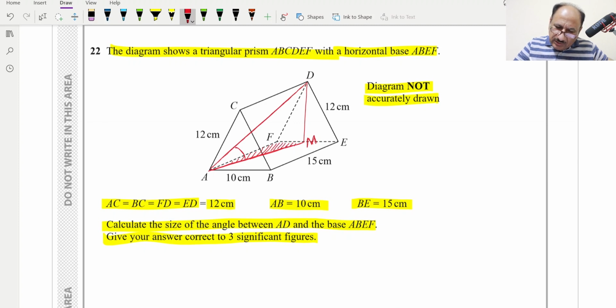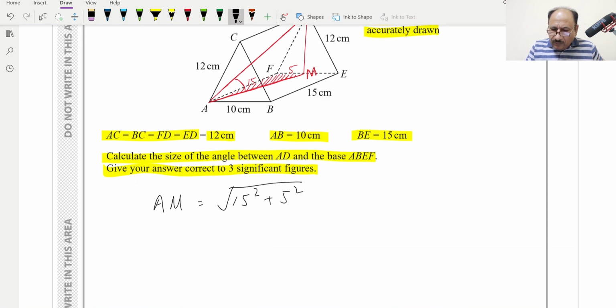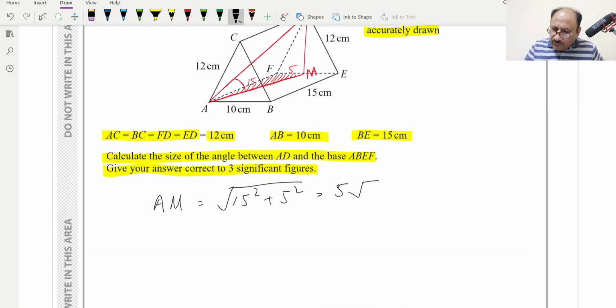So this side is 5 and the other side, this one, is 15. By Pythagoras theorem we can find AM. So AM will be equal to the square root of 15 squared plus 5 squared, which is equal to 5 root 10.